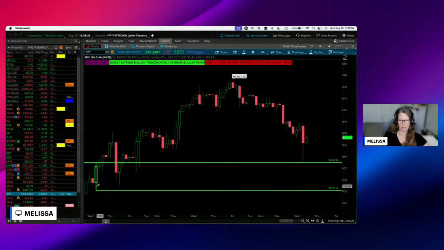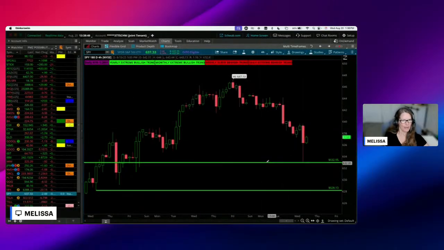And you can see here, since the floor was created, all these pullbacks to the support zone have been buying opportunities because once price hits this zone, the market is going up.